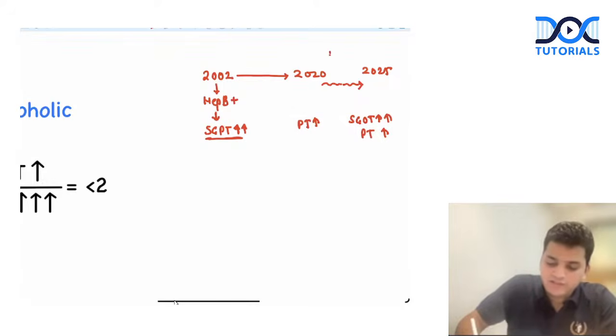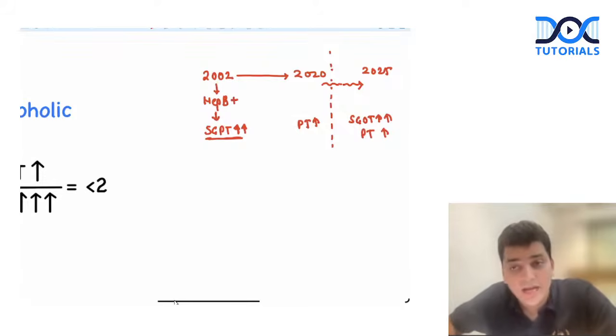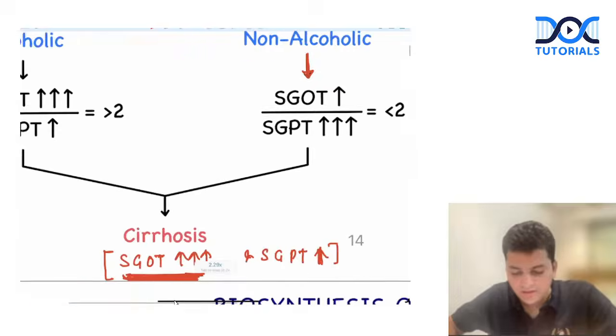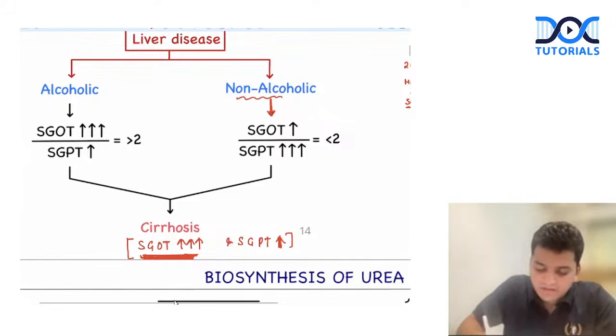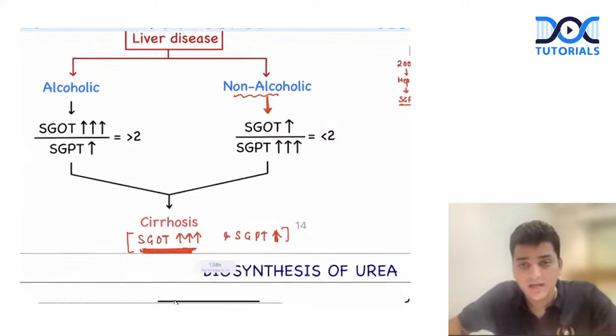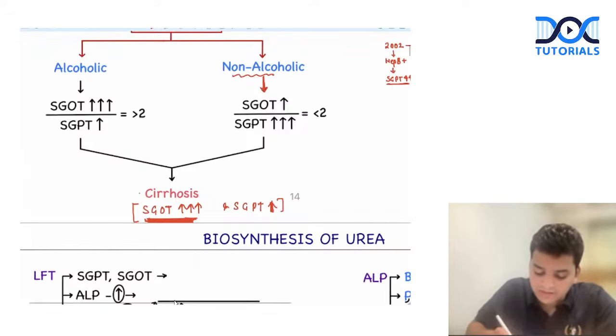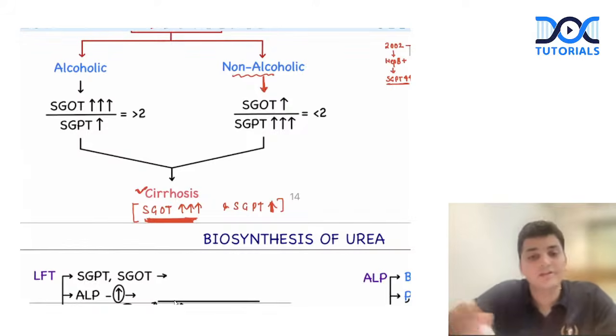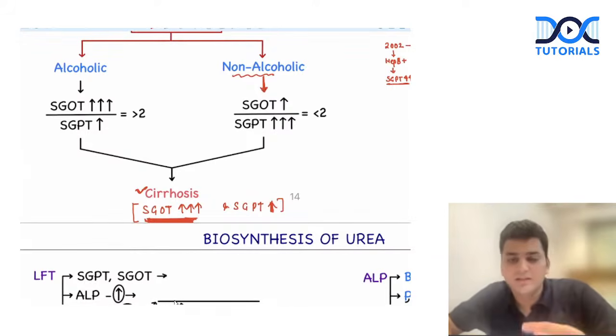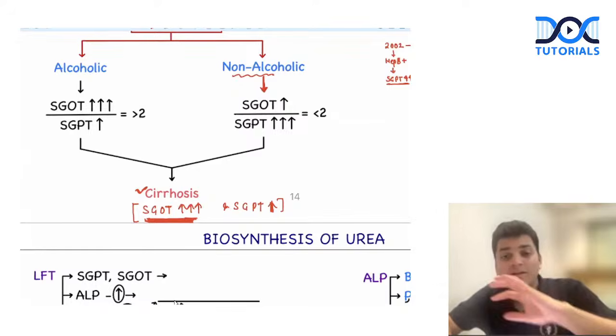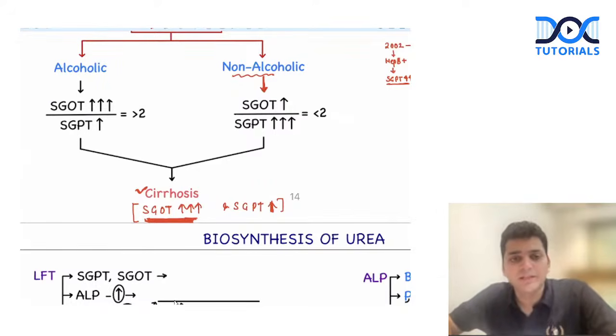The moment you see this, in a non-alcoholic liver disease patient, if the SGOT has started increasing more than the SGPT, it means this non-alcoholic liver disease has converted into what? Cirrhosis. That is one of the hints that will be there in the question: the significance of knowing the pattern of SGOT and SGPT.